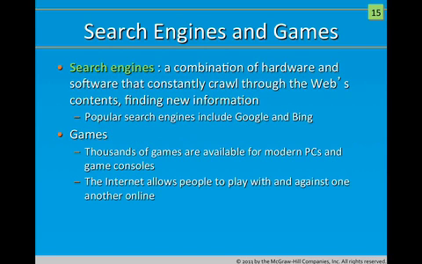Search engines are kind of like dictionaries. They house all of the different links to the pages that have information you're looking for. So the search engine is a combination of hardware and software, and at that company's or organization's site, they have a server that houses software that allows the server to search through the web.